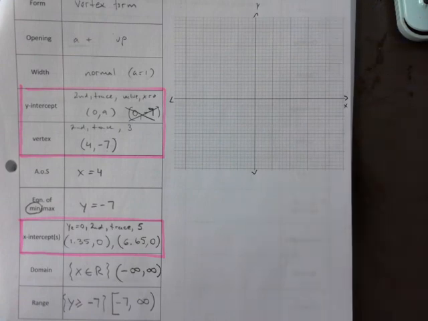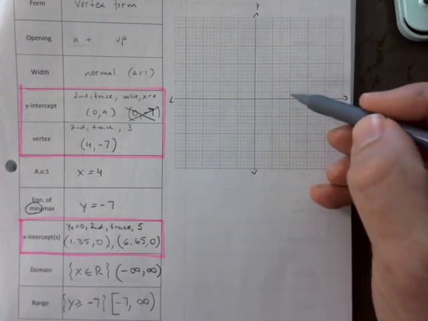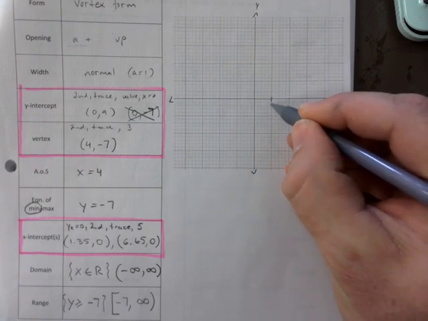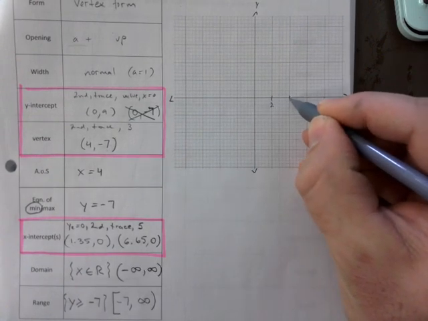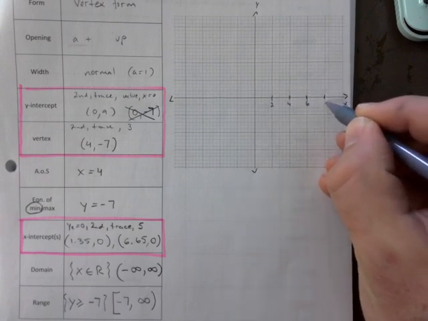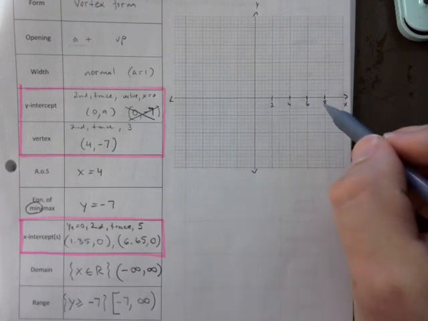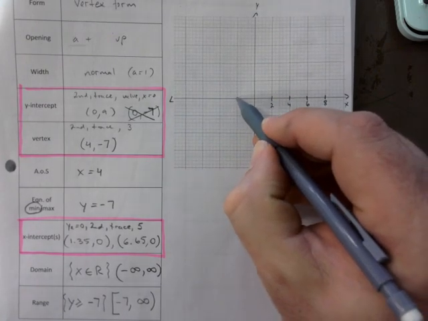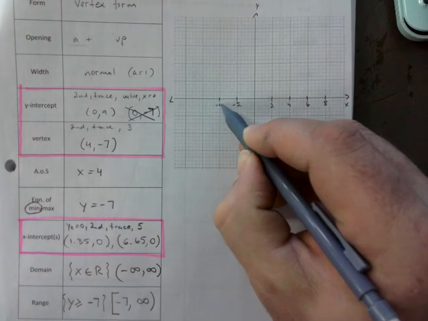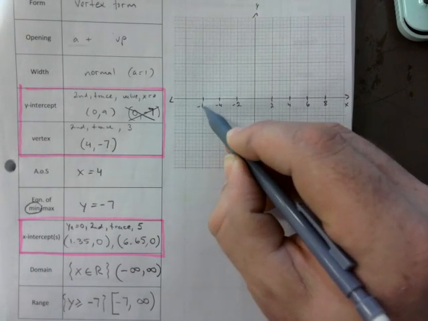So what I'm going to do here, let's see, 1, 2, 3, 4, 5. That doesn't work. So I need to go by twos. 2, 4, 6, 8. So I'm going up by twos here. I'm going to do the same thing on the negative. Just a couple like that.